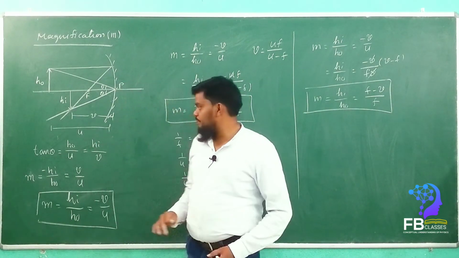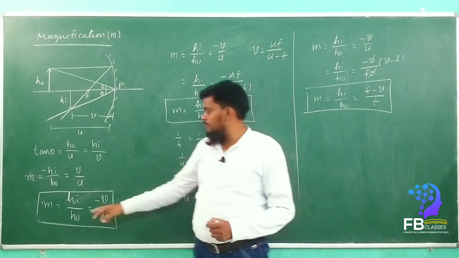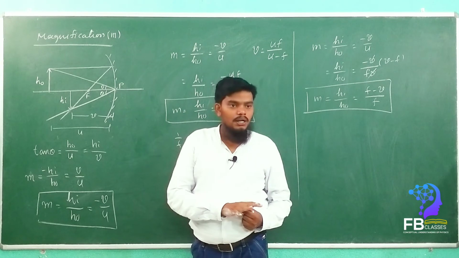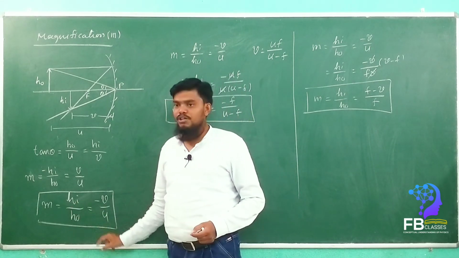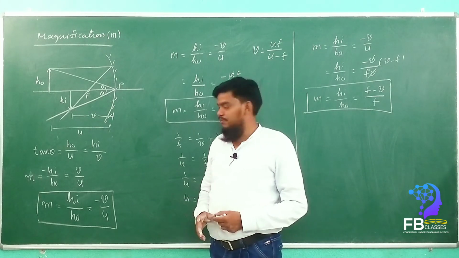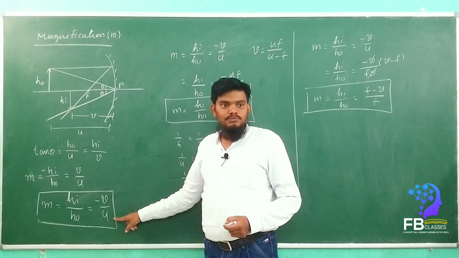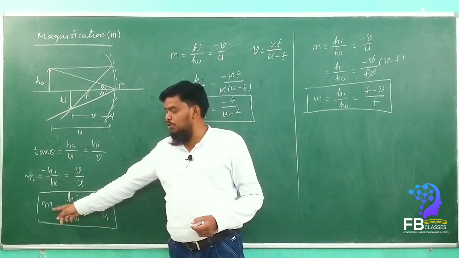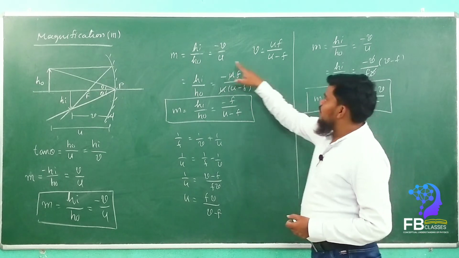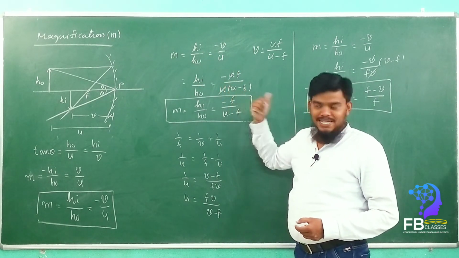See here what will happen. If we want to find out the magnification, see 1, 2, 3, 4, there are 4 variables. If we are given any 3 variables, we can easily find the remaining one. If we are given in terms of V and U, image distance and object distance, can we find the magnification? Yes, sir. If given in terms of heights, we can still find it.